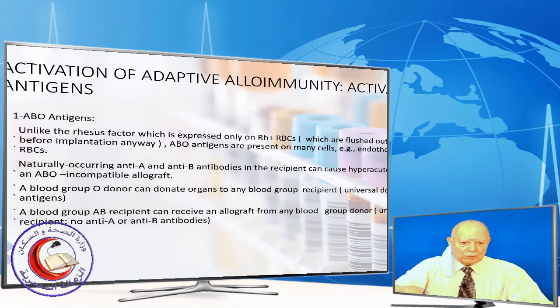Just as in blood transfusion, a blood group AB recipient can receive an allograft from any blood group donor. This is the universal recipient, because an AB group person has no anti-A and no anti-B antibodies, or else his red blood cells would be destroyed.